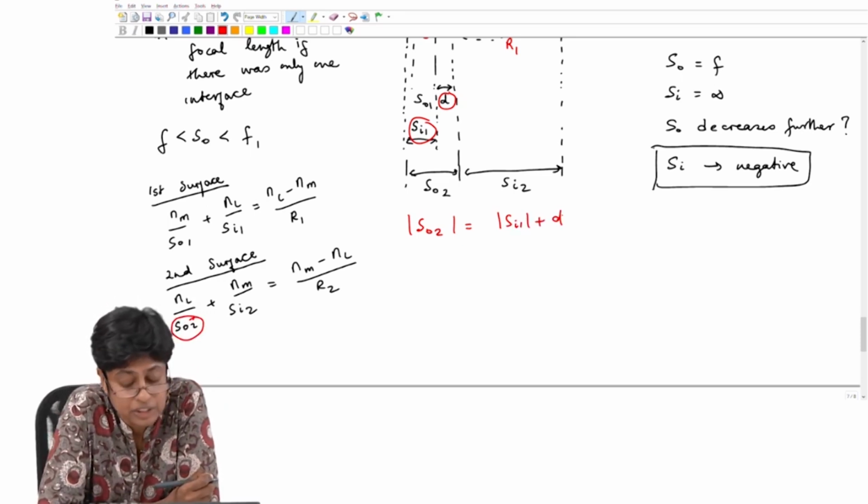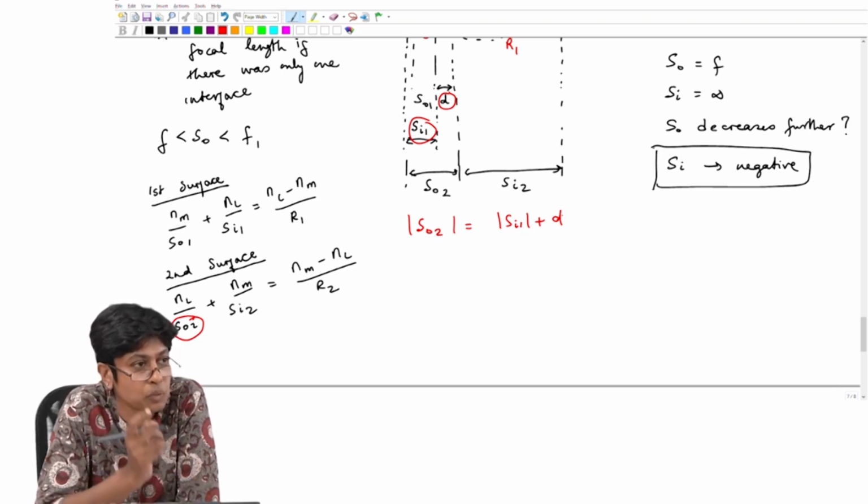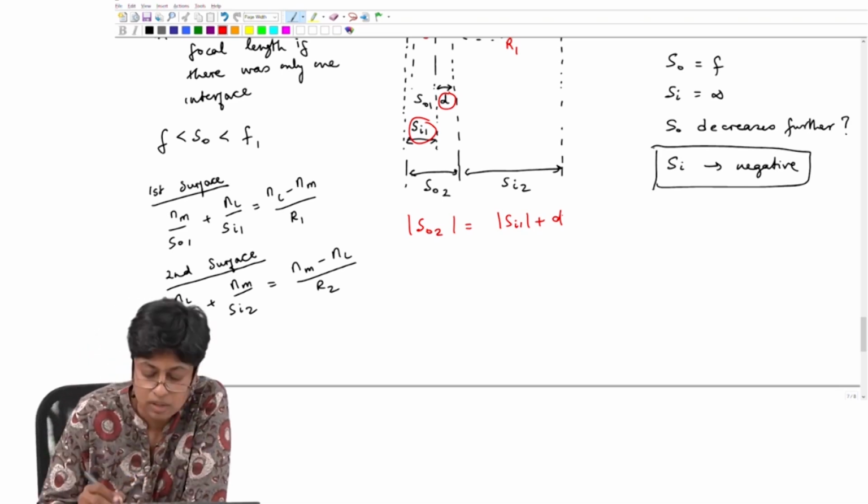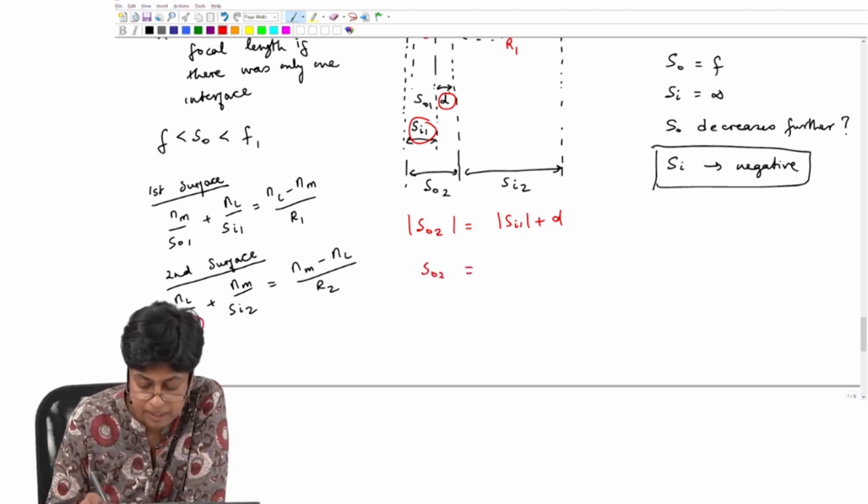What was the convention for the object? If an object was to the left of the lens, it was positive, so S_o2 can remain like this.